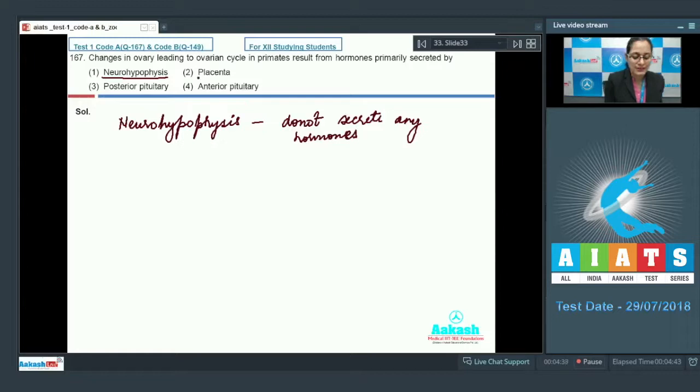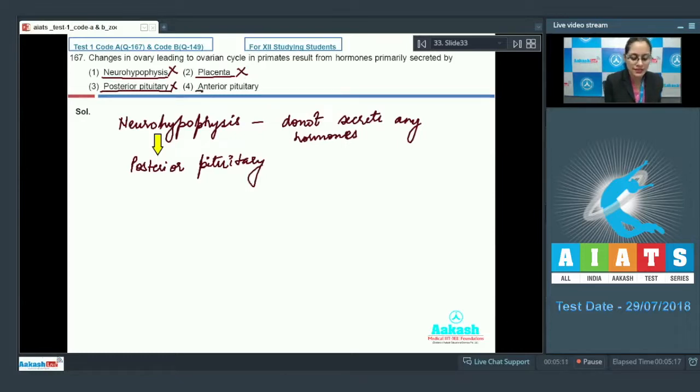Second option is placenta, and placenta does not produce any hormones which are responsible for changes in ovary. So first and second cannot be the correct answers. Third option is posterior pituitary, and neurohypophysis is another name for posterior pituitary. So this cannot be a correct answer.